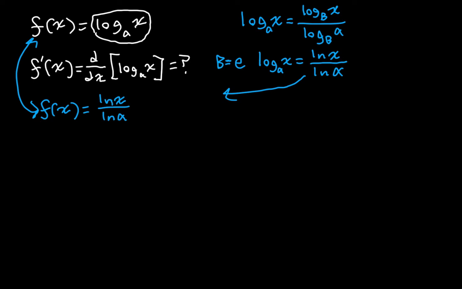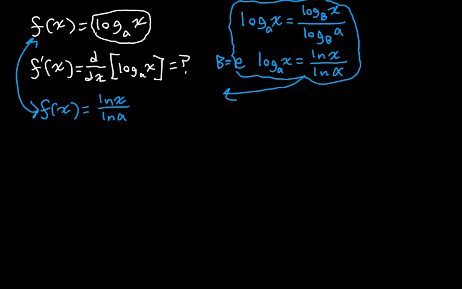And this is a pretty important property to know when you're using a calculator, because if you ever have to find the log to some base other than e or 10 that your calculator, at least most calculators, I don't think can do, you can always use this property so that on your calculator you only have to use the natural log or log base 10 or the common log to find that answer. But we'll go over that in a different video.